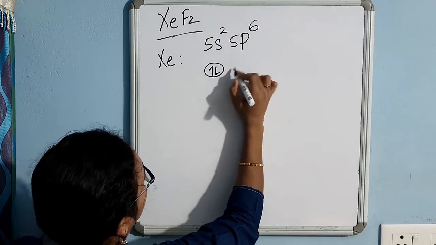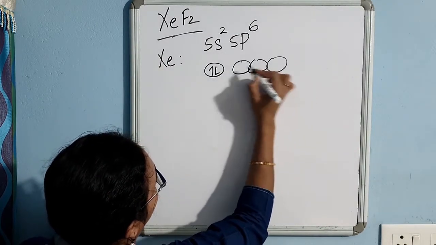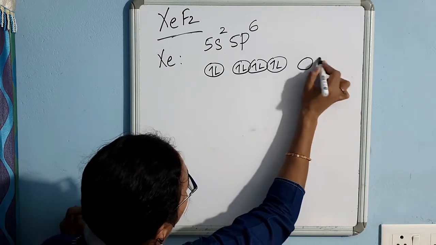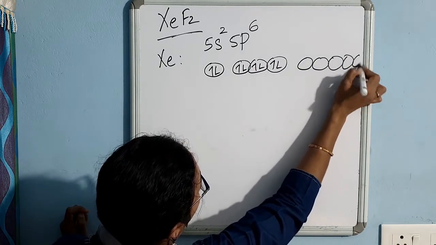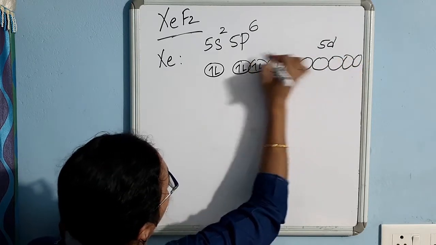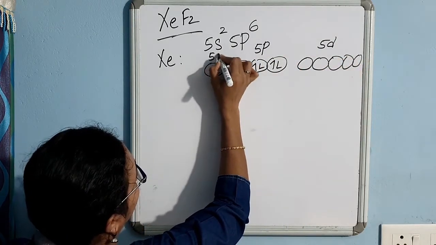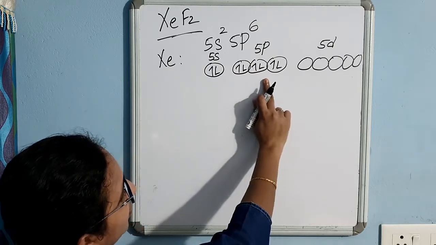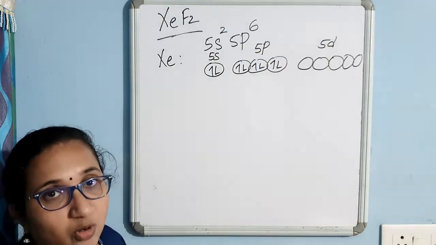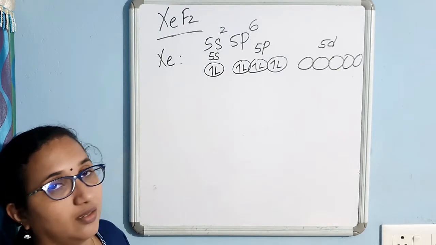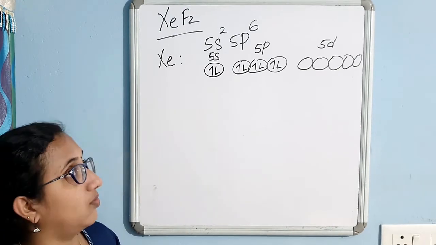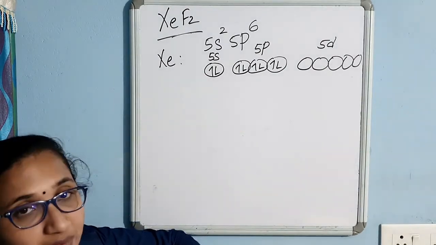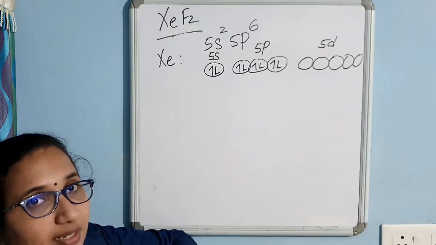So its configuration is 5s2 5p6 and 5d0. Since all the electrons are paired, there are no orbitals available for orbital overlapping. In order to bond with another atom, we should have a half-filled atomic orbital.